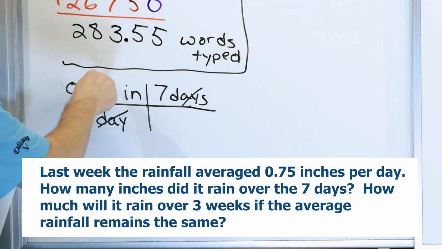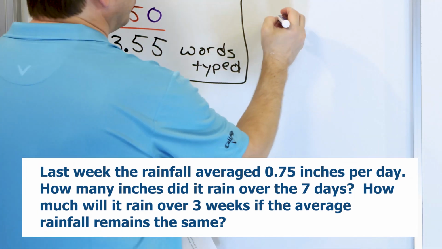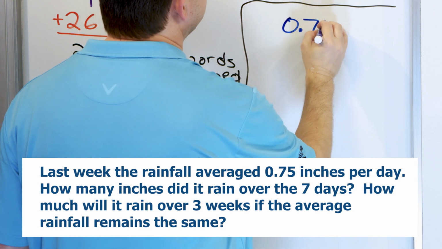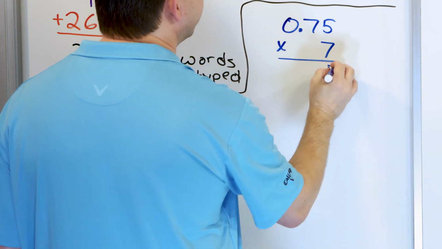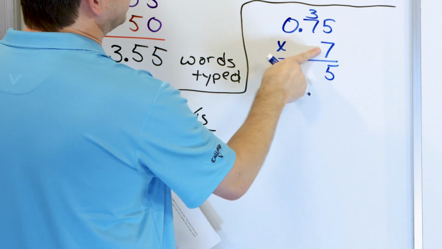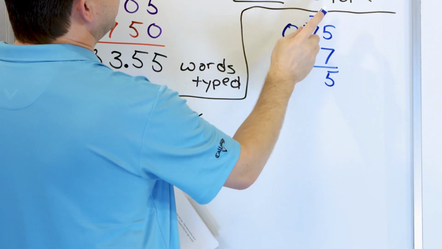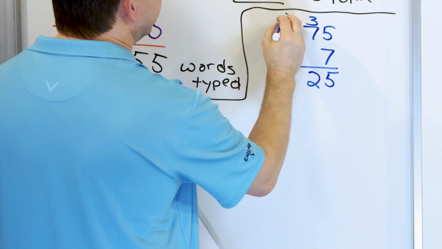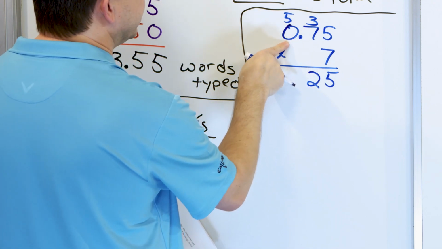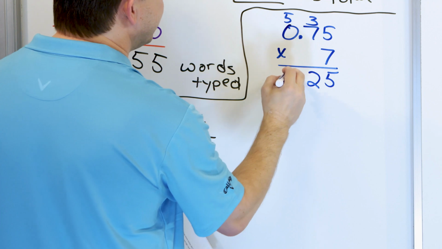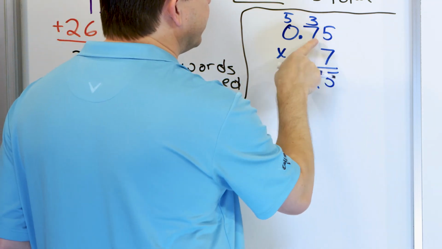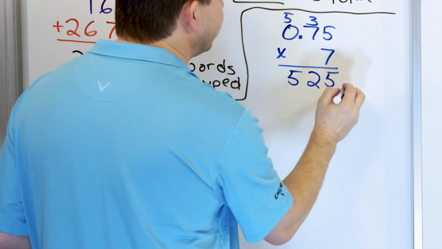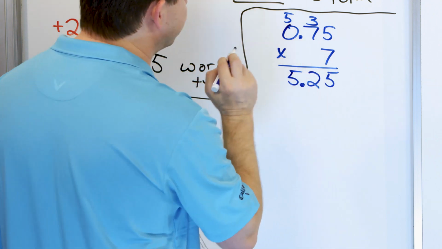So let's take 0.75 times 7. 7 times 5 is 35. Carry the 3. 7 times 7 is 49. 50, 51, 52. Carry the 5. 0 times 7 is 0, plus 5 is 5. Now, for the decimal, we have 2 digits after the decimal here and none here, so we must have 2 digits after the decimal here.